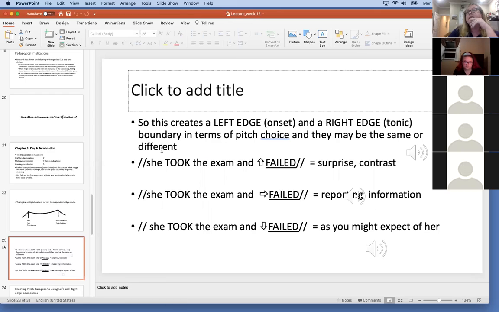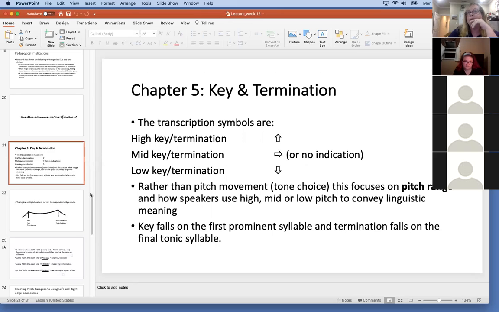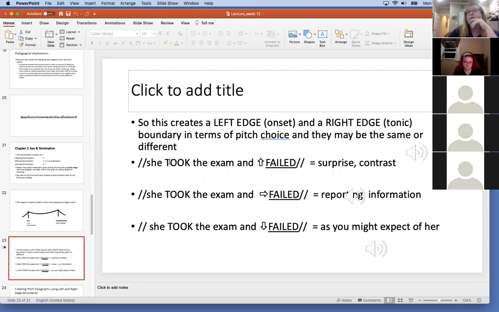In this case, all the onset, all the left edge boundaries, because they've got no marking, they're all mid. So all these initial prominences are mid. And then what you're going to hear is mid to high, mid to mid, and mid to low.